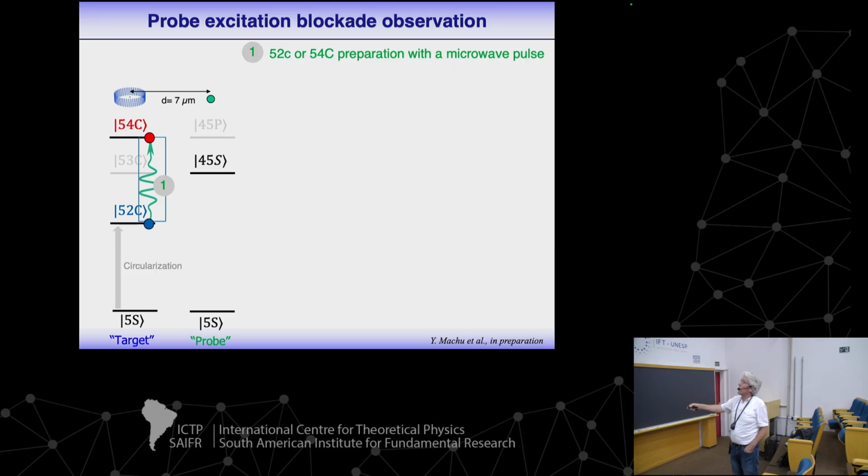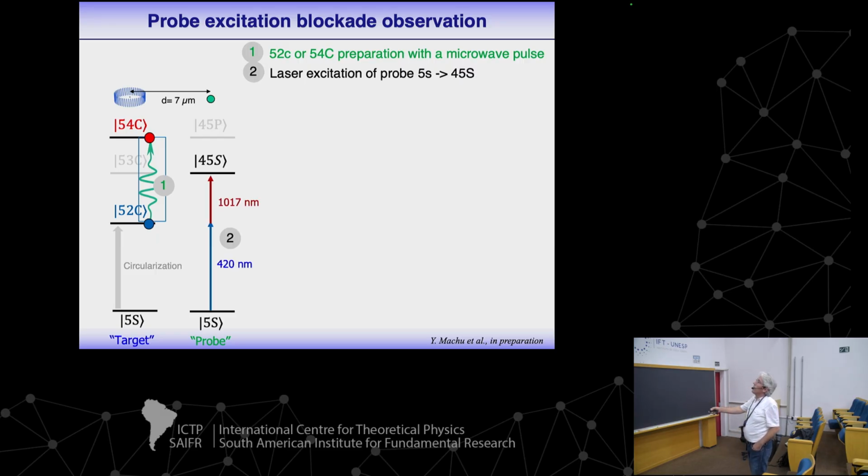The probe in 5S does not see this excitation. Then we try to excite the probe, and depending on whether the circular atom is prepared in 52C or 54C, the probe will be excited or not. And then we perform fluorescence imaging of the probe.